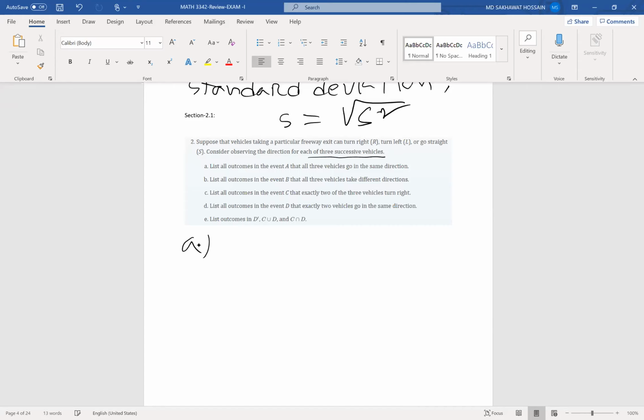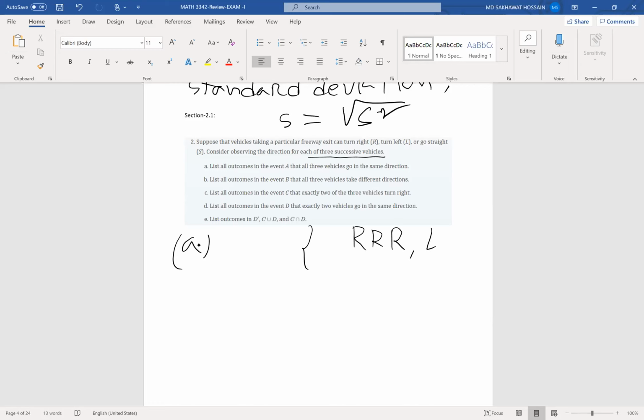The first part is to list all the possible outcomes in the event A that all 3 vehicles go in the same direction. Same direction means the first one goes right, the second also right, the third also right.